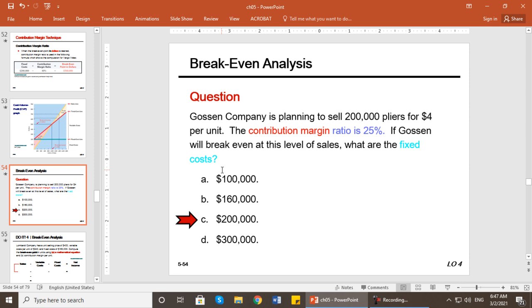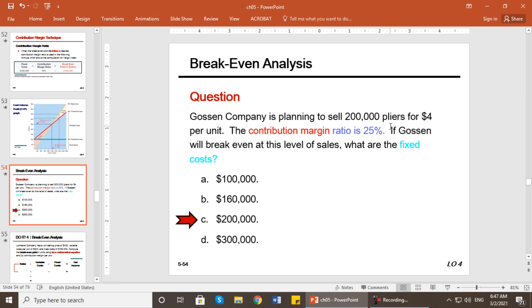Now, when we are at the break even, contribution margin equals fixed cost. If we know how much the contribution margin is at this level, the answer is the same for fixed cost. Now, the contribution margin ratio is 25%.